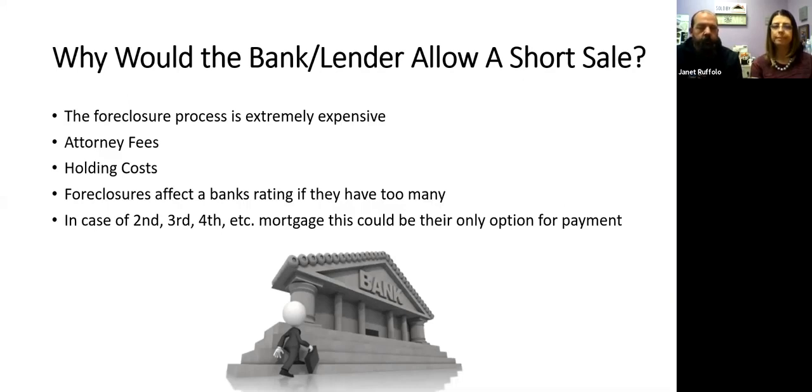They may have to pay for gas and electric, winterization of the property. Foreclosure affects the bank's ratings if they have too many. That's what we saw when larger banks came in and bought smaller banks and they were taken over by the FDIC. In many cases, a second, a third, or a fourth mortgage could be their only option for payment when it comes down to this.